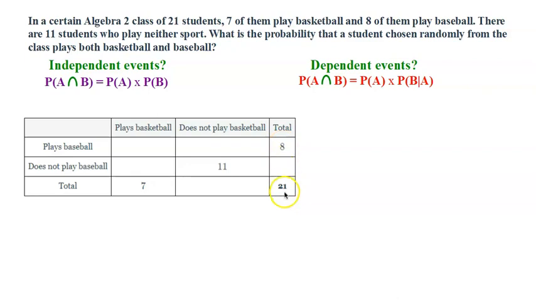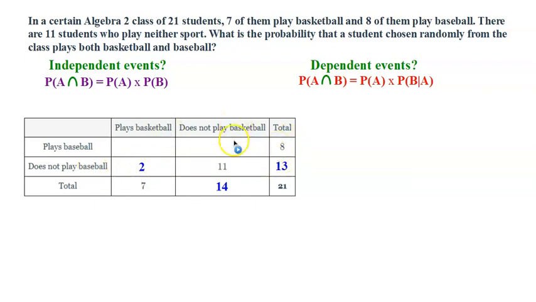I know I have a total of 21 people. 8 of them play baseball, so 21 minus 8 is 13 of them that don't play baseball. 21 minus 7 that play basketball gives me 14 that do not play basketball. And let's see here. We have 13 that don't play baseball. 11 of those also don't play basketball, which means 2 of them do play basketball.